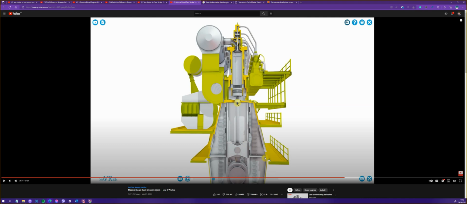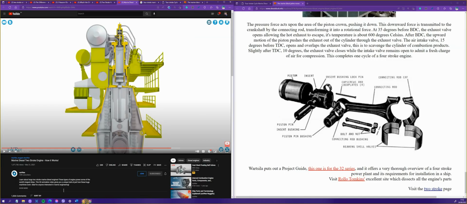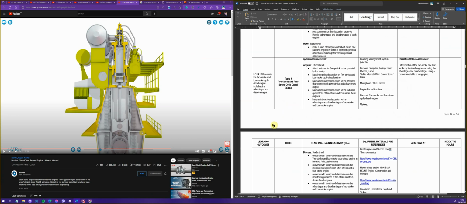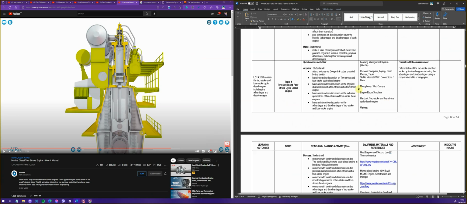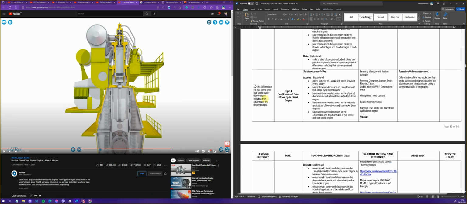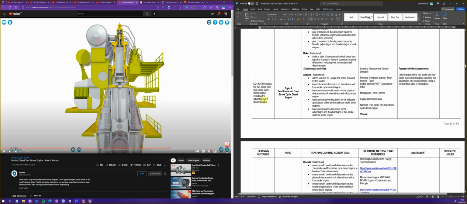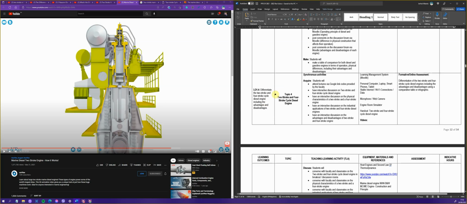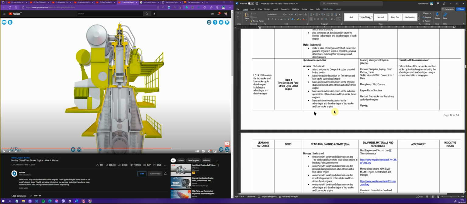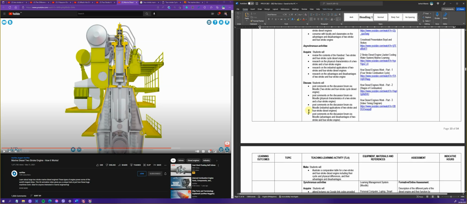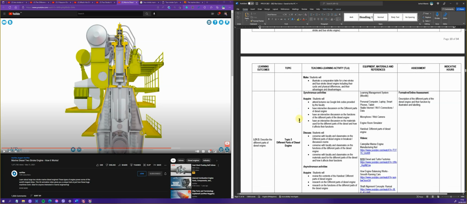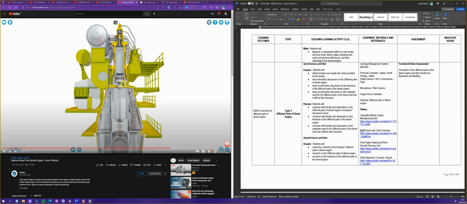Tingnan nga natin kung na-hit natin yung ating learning outcomes. So, actually, tinamaan natin the differentiation ng 2-stroke and 4-stroke. Advantages and disadvantages actually naibigay din. Yung 1.5, so different parts of the diesel engine, ito, 2-stroke.